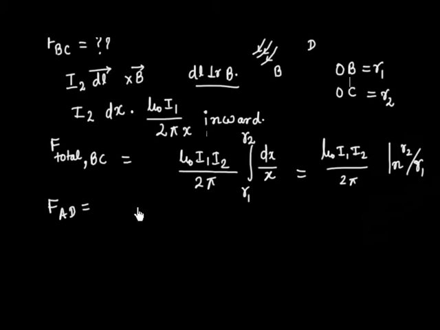Magnitude wise the same: mu naught I1 I2 divided by 2 pi, ln R2 by R1. Now I have to find the direction.